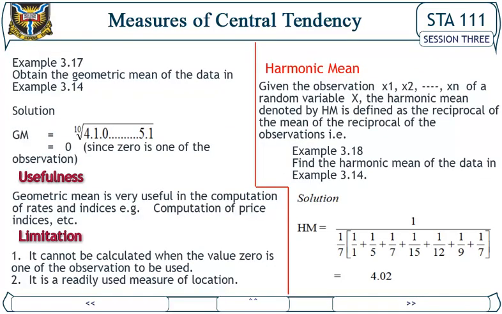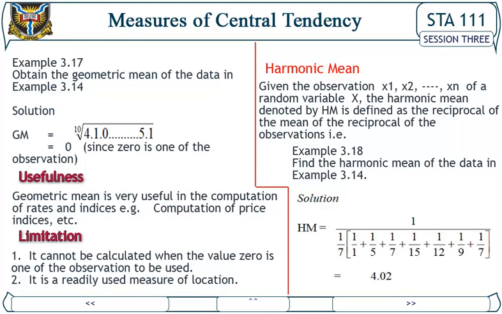Example 3.17. Obtain the geometric mean of the data in example 3.14. Solution. GM is equal to the 10th root of 4, 1, 0 to 5, 1. GM is equal to 0, since 0 is one of the observations.